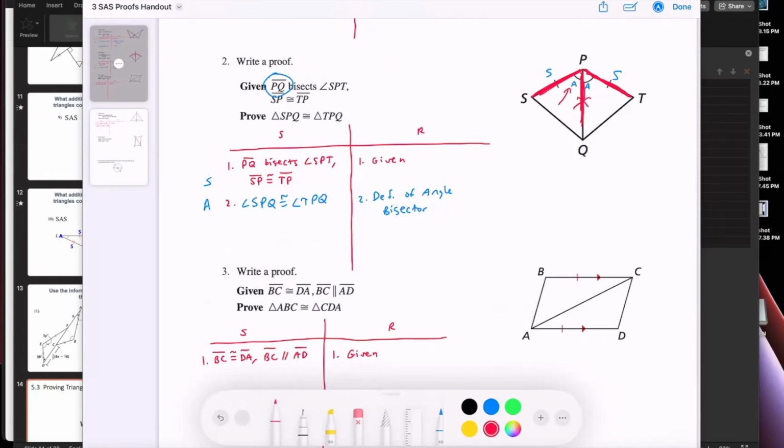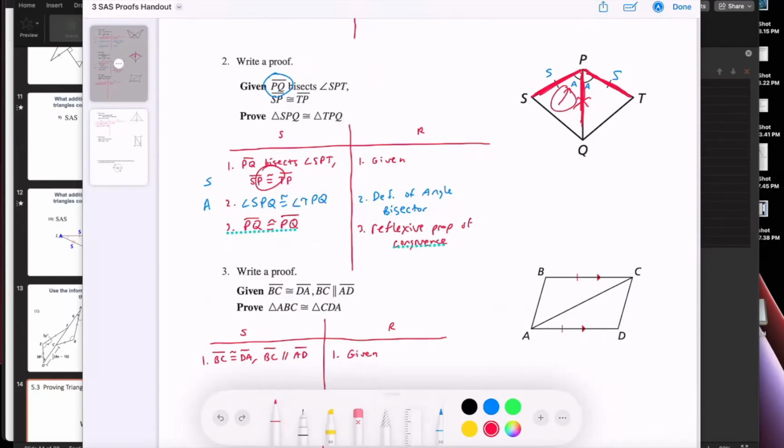So this side is in both the left and the right triangle. So I can state that PQ is congruent to itself. So that's going to be my reflexive property of congruence.